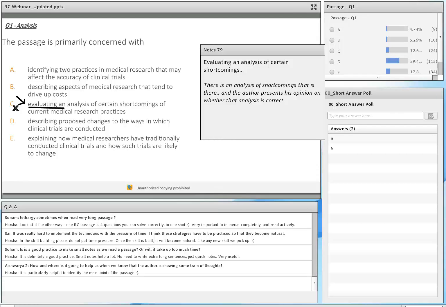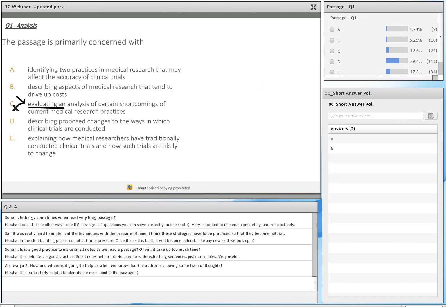Okay, now let's look at choice E. Let's kind of talk about this part. Do we know that these trials are likely to change in this manner? Yes and no. Do we know that such trials are likely to change in this manner? No, we don't know that.